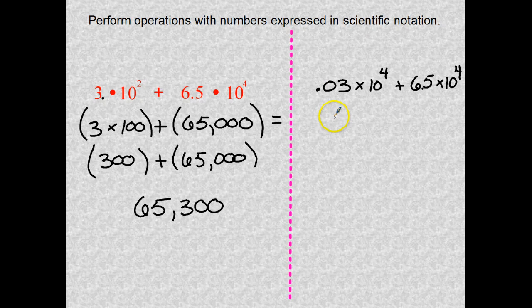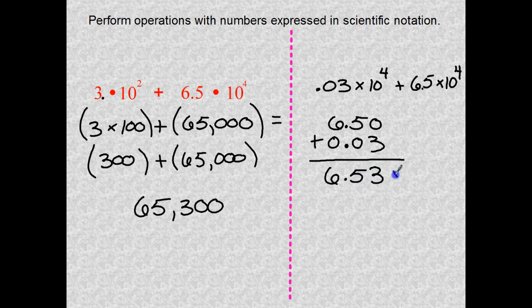I have 6 5/10 added to 0.03, and let's add a 0 there, and here we have 6.53 times 10 to the 4th, and let's see if that is 65,300.